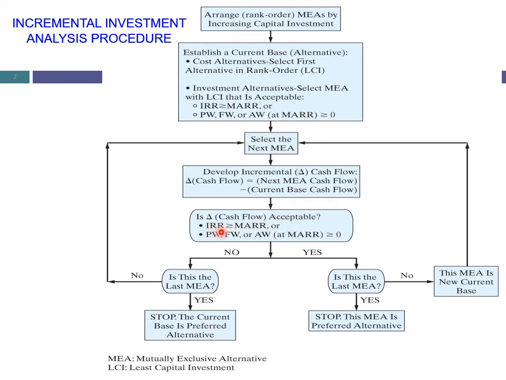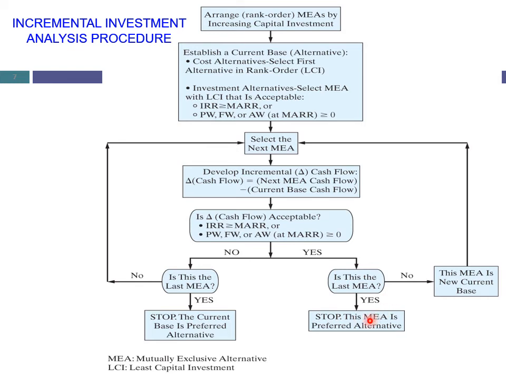If the IRR of the incremental cash flow is greater than or equal to MAR, then it's acceptable. Or if the equivalent worth of this incremental cash flow is greater than or equal to 0, then it's acceptable. So if it is acceptable and if this is the last project, then we stop.